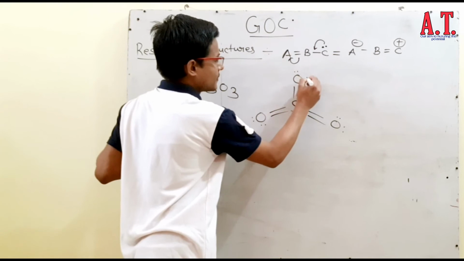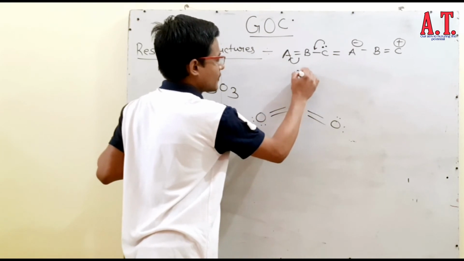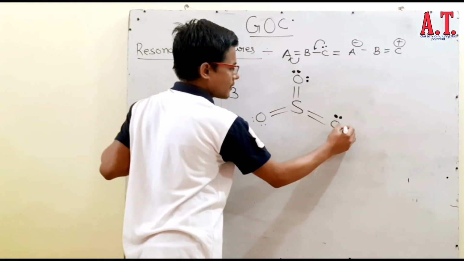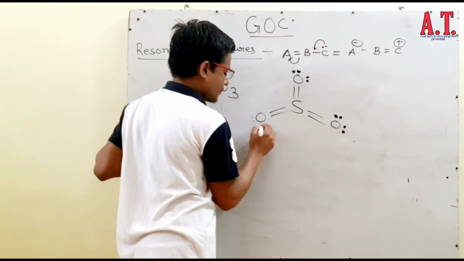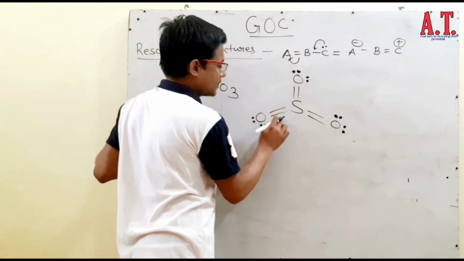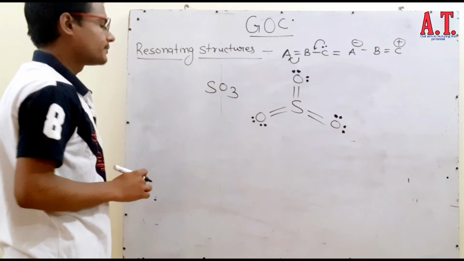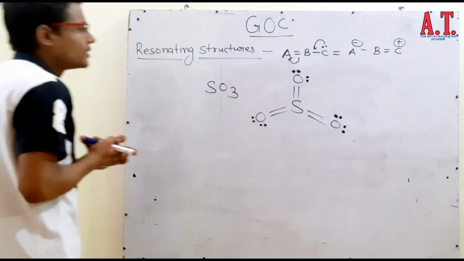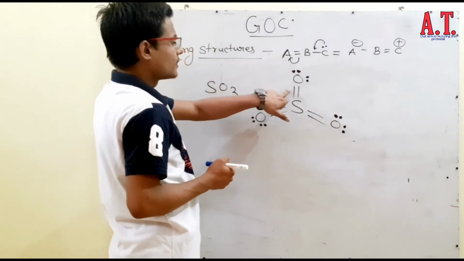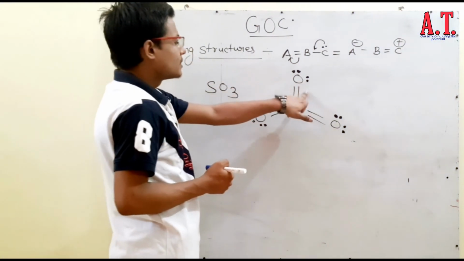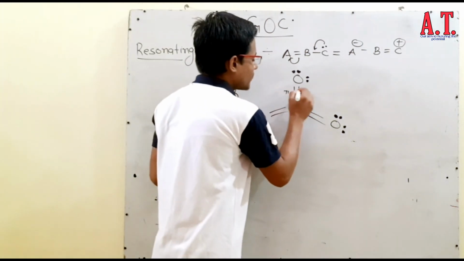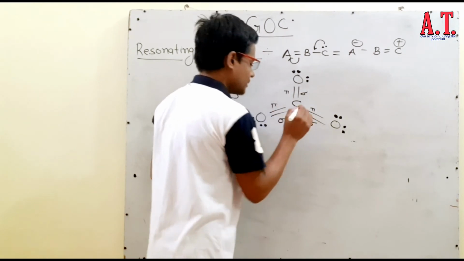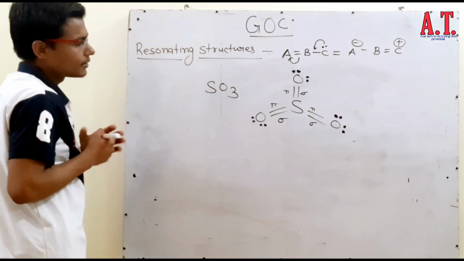These are the lone pairs. These are the lone pairs. These are the pi bonds. To draw the resonating structures, here the pi bond is available and the sigma bond is also available. This is pi, this is sigma, and this is pi, this is sigma, and this is pi, sigma. So how can you draw the structure?